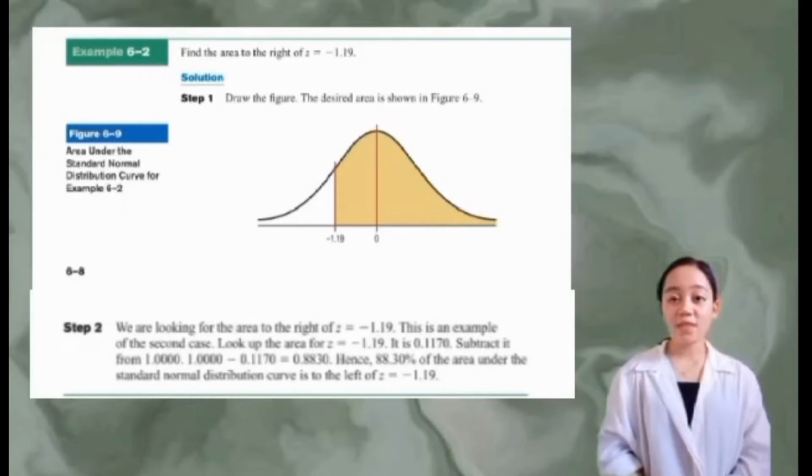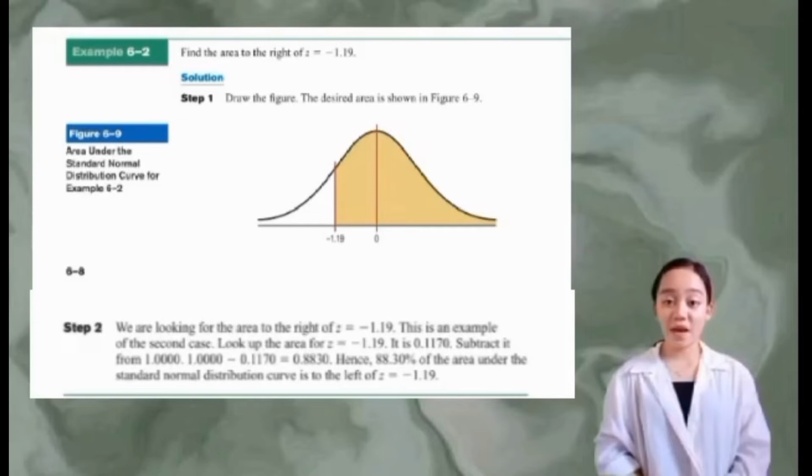So 1 minus 0.1170 is equal to 0.8830. Hence, 88.30% of the area under the standard normal distribution curve is to the right of z equal to negative 1.19. As you can see, the shaded area is going to the right since we are asked to find the area to the right of z.